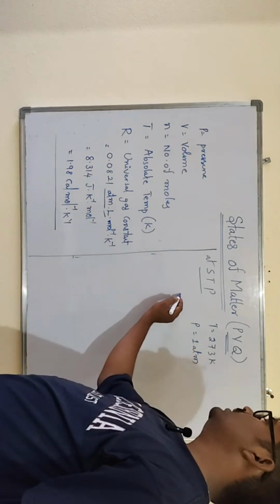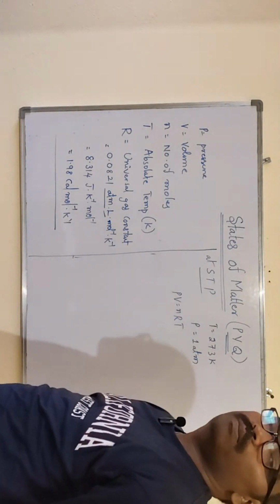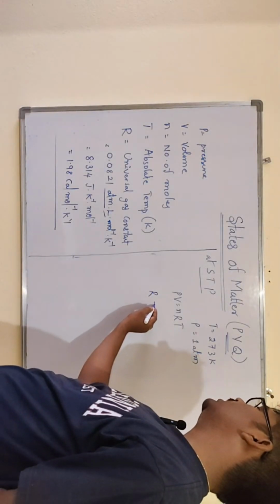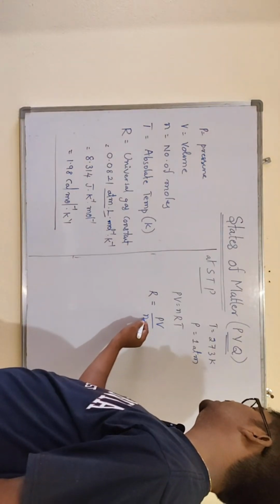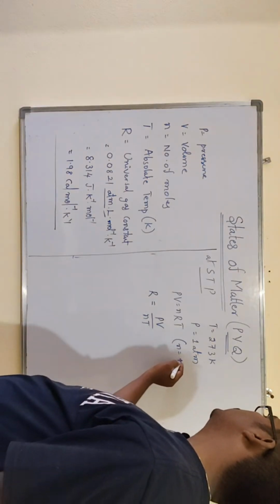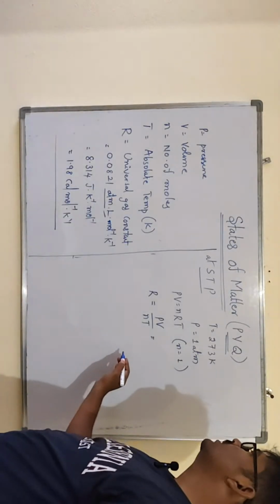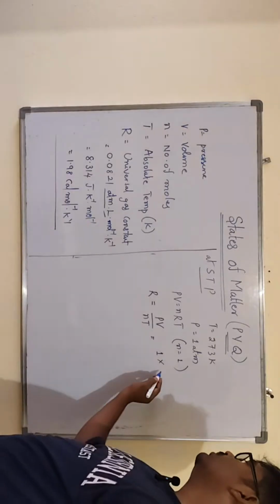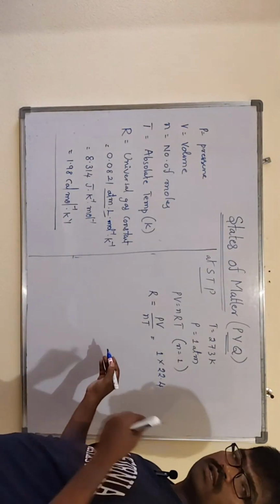Temperature, if you take 273 Kelvin, and pressure 1 atmosphere, then from PV equals nRT, if you want to find the ideal gas constant, R equals PV divided by nT. For number of moles equal to 1 mole of gas, take pressure 1, and volume 22.4 liters according to the mole concept.